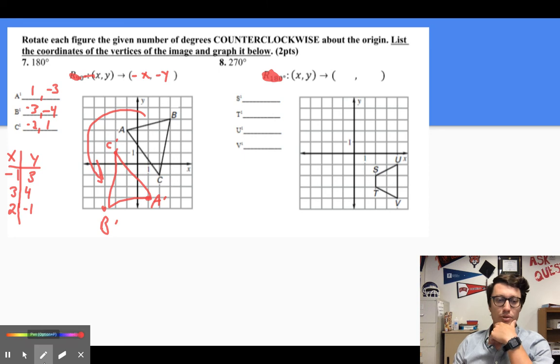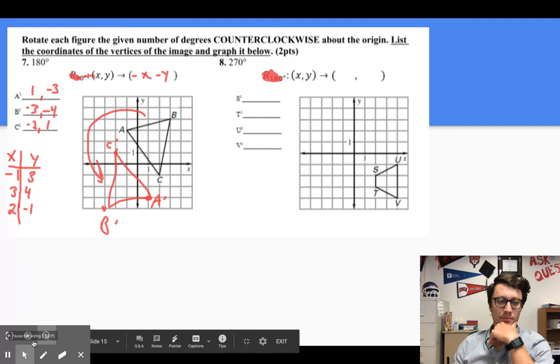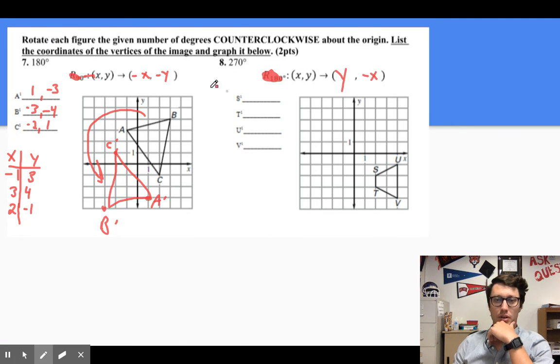Okay, if we're rotating 270 degrees, the rule is (x, y) changes to, if you don't know, double check. Okay, I just looked it up and (x, y) changes to (y, negative x). And again, to help myself out, I'm going to write all my pre-image points. S is at (2, negative 2).